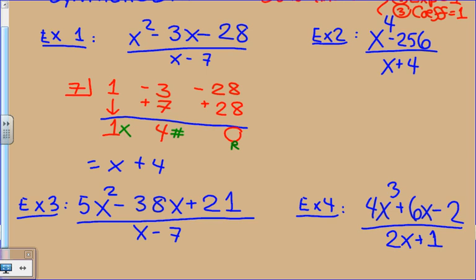If it was a minus 4 right there, you get minus 4. The last number is the remainder, and you write that out instead. If you got a number in there, then you would write it plus your remainder divided by your original divisor, x minus 7.